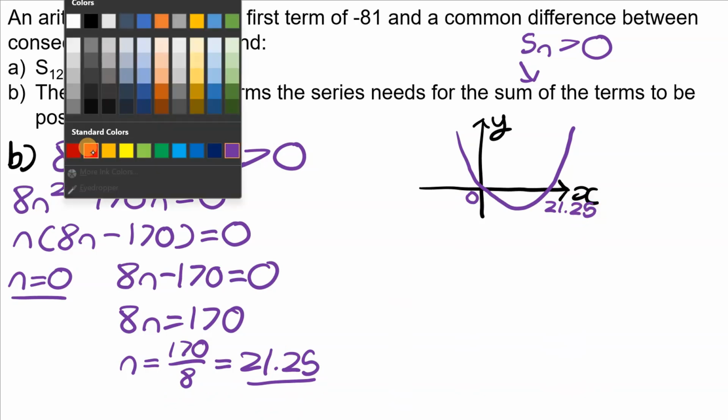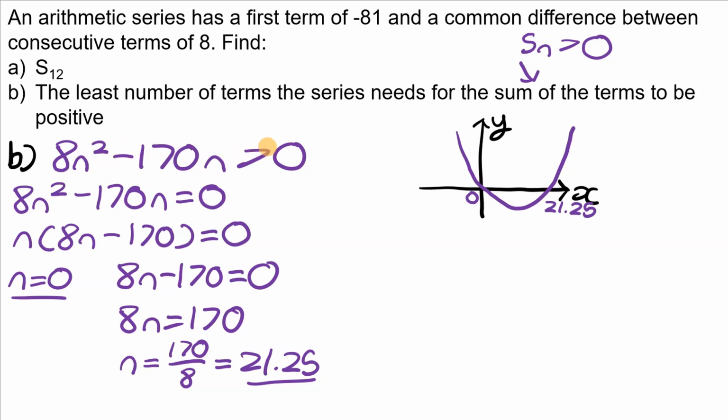Okay, so we're looking for where this quadratic is bigger than 0, so it's positive. So this is here and here. Now we're not interested in this section here because this is where n would be negative, and n can't be negative. We can't have negative terms. So we're interested in this section here.